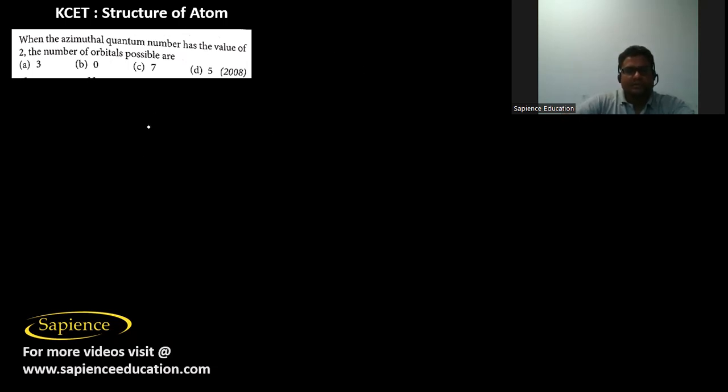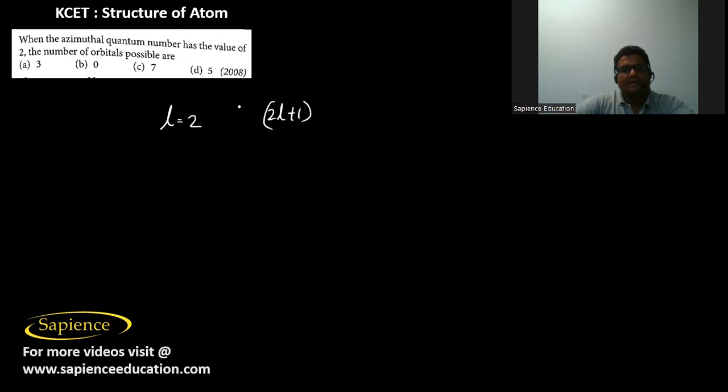So here it is told that when the azimuthal quantum number has the value of 2, the number of orbitals possible are. So the azimuthal quantum number, that is L, L equals 2. We know that the number of orbitals possible is equal to 2L plus 1.